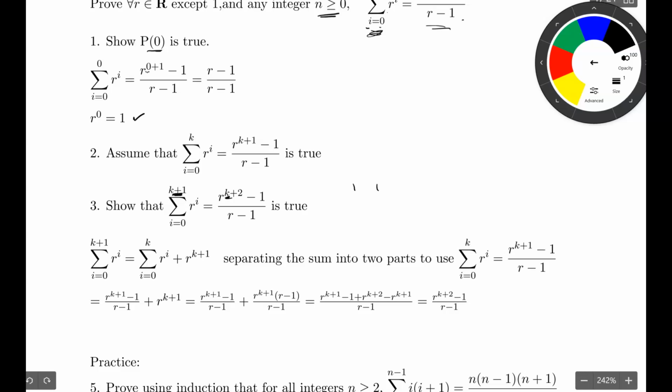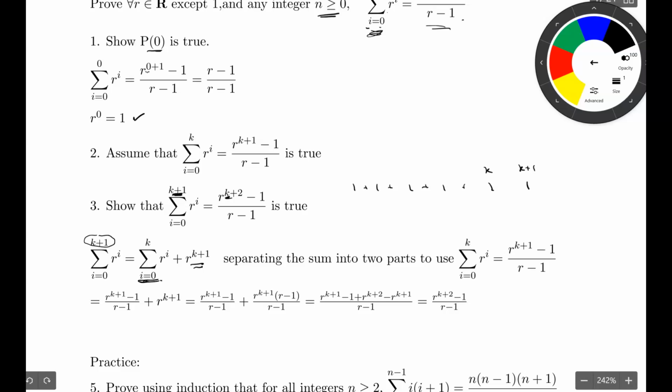So you're adding 0, 1, 2, 3, here's k, and here's the k plus first term, right? Adding the k plus first term. So you're adding all these things together, right? So what that means is if I'm adding all the way up to k plus 1, that's the same thing as saying add up the first k of them and then add on the k plus first term, right?